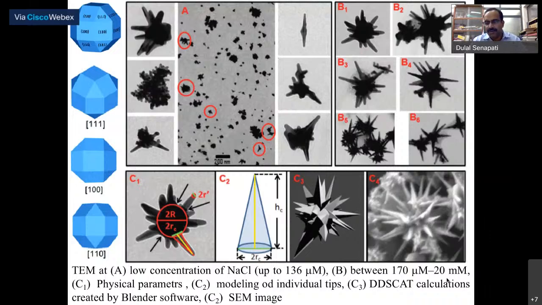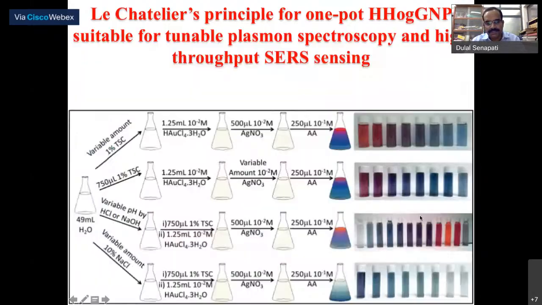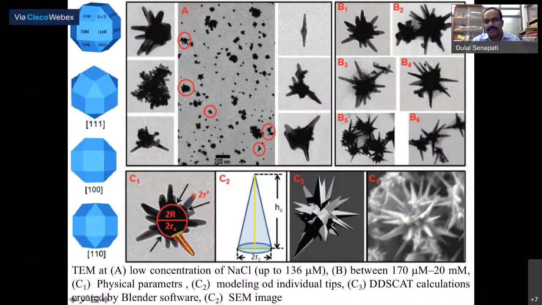By using different amounts of sodium chloride, that means the last one, with a variable amount of 10% sodium chloride, we find that we can generate different shapes of these thorny nanoparticles. We call them nanostars.